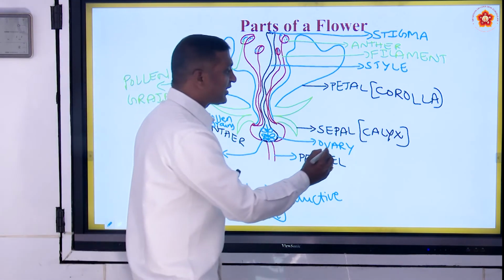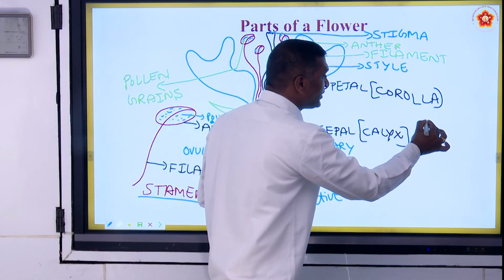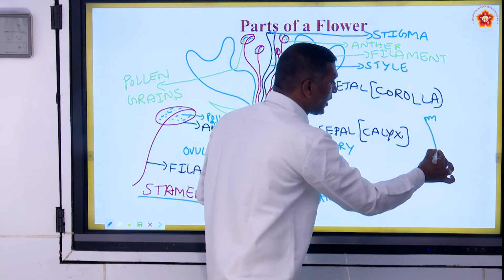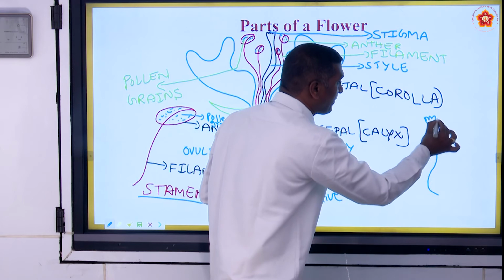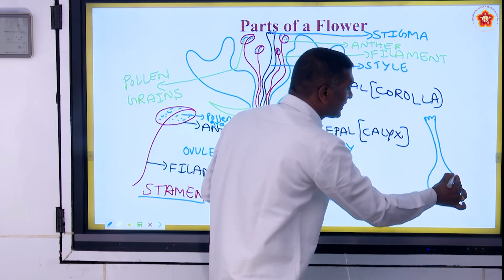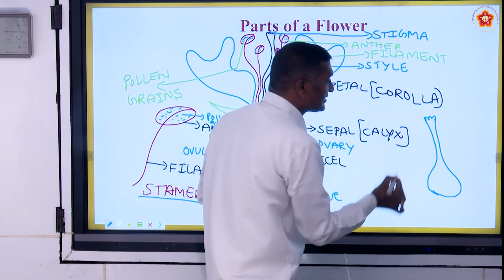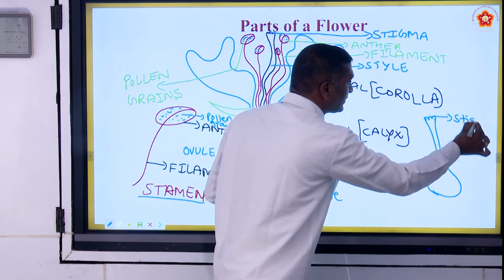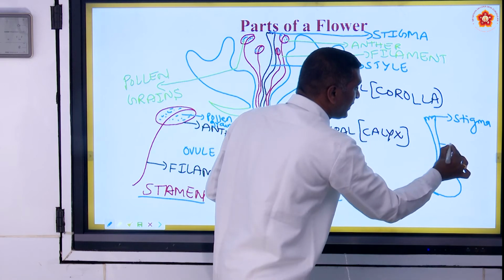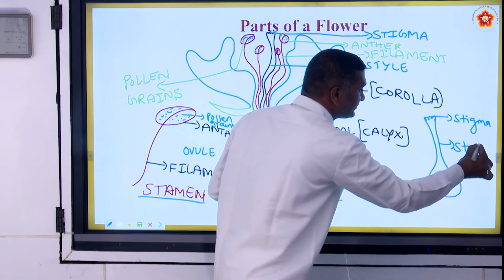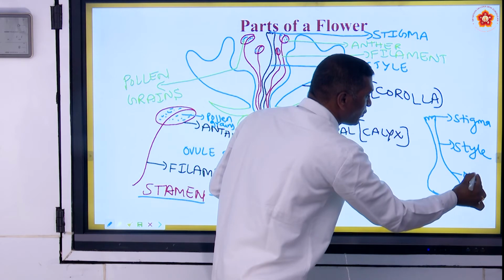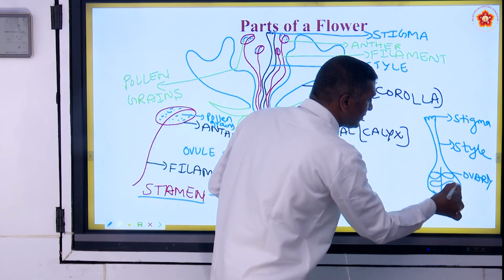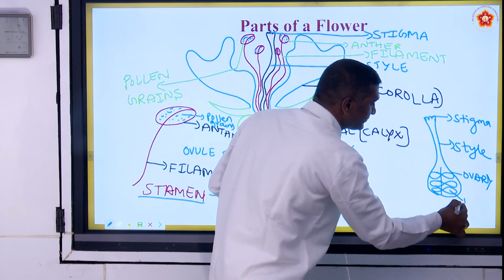Then if you think of the gynoecium, the single unit of the gynoecium is called the pistil. The pistil or the carpel has three main parts. Very important. Draw the diagram of a pistil. So the pistil has three parts: the sticky stigma, an elongated style, and a bulged ovary, where inside you can see the ovules.